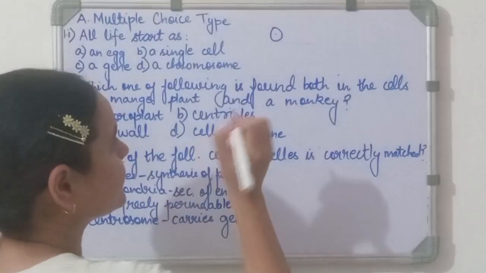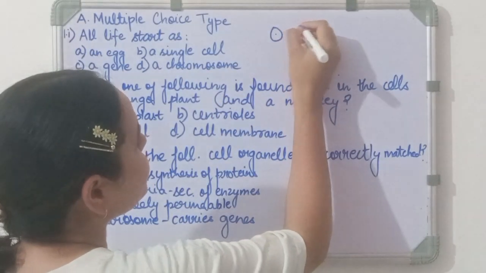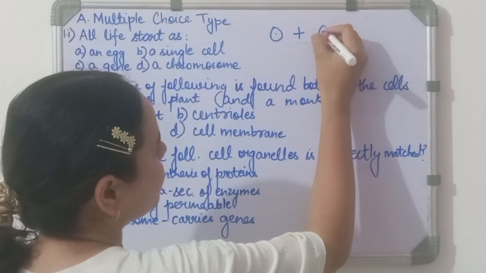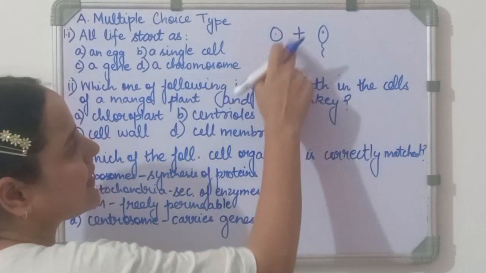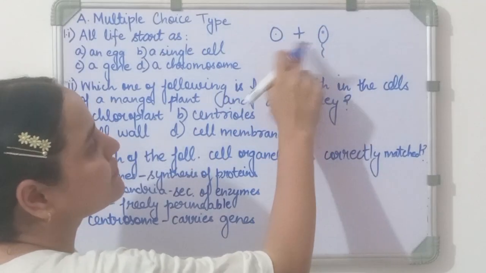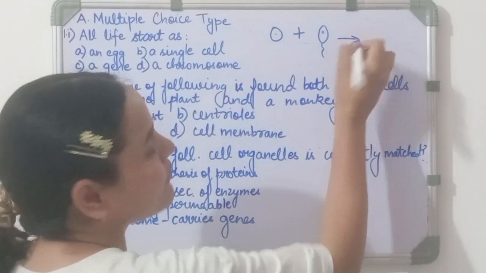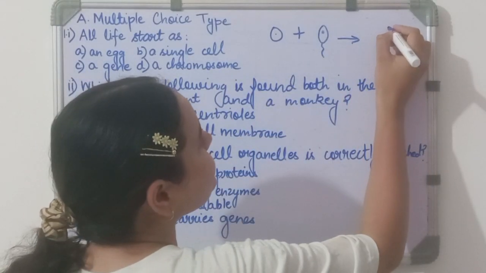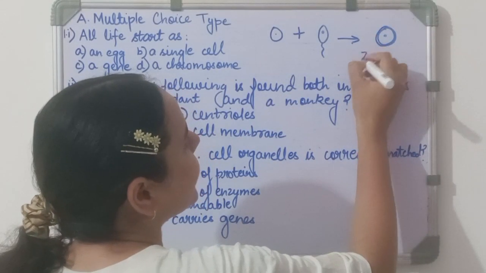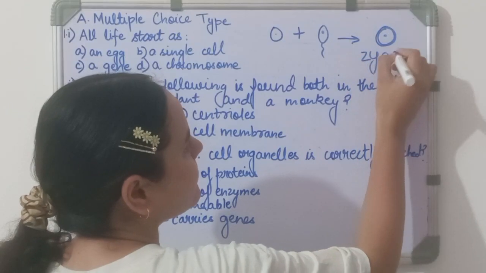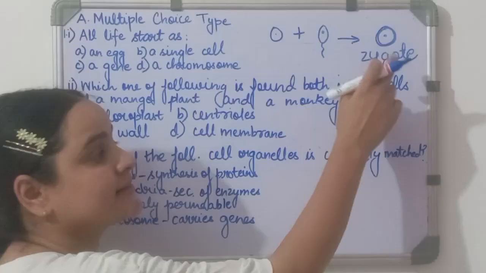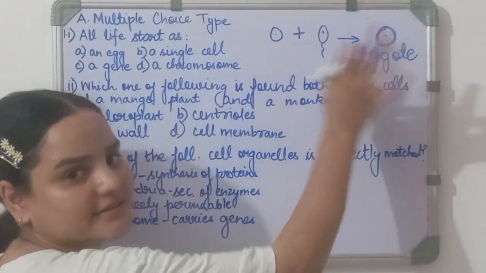This egg fuses with this sperm. This comes from our mother and this comes from our father. They both fuse and they form a single cell called zygote. And from this single cell zygote, all life starts.